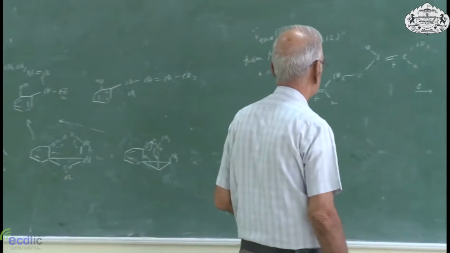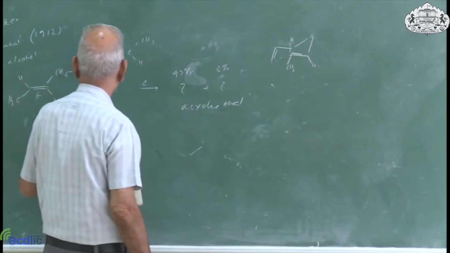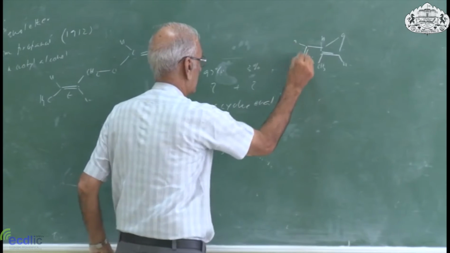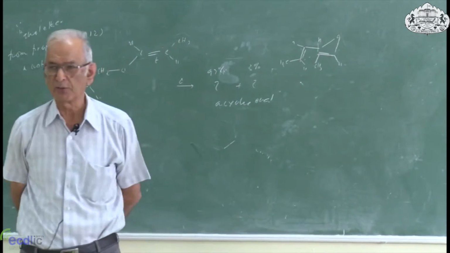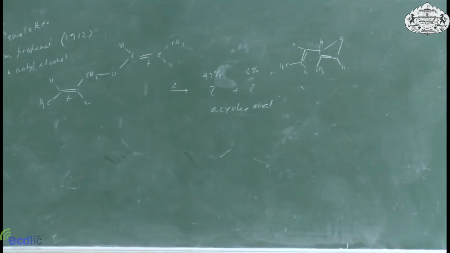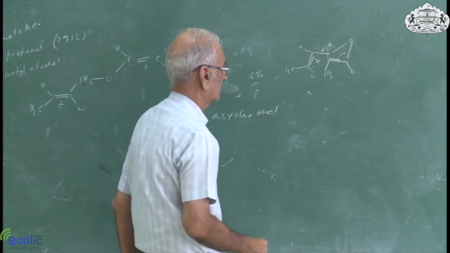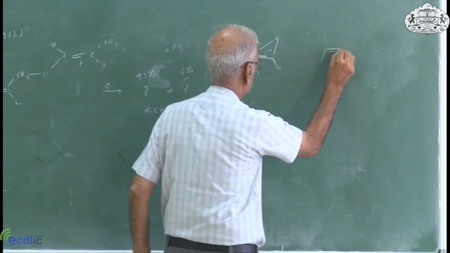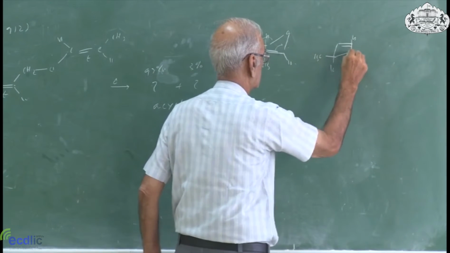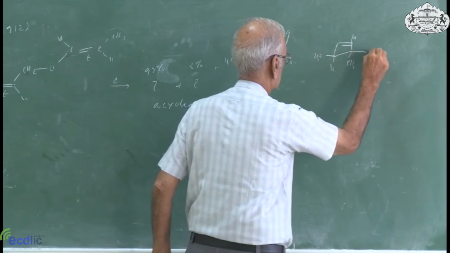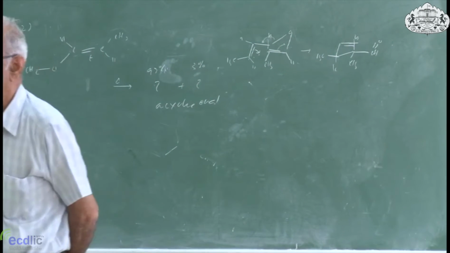Okay. All right. So, this double bond is trans, this double bond is also trans. So that's the aldehyde that you get.